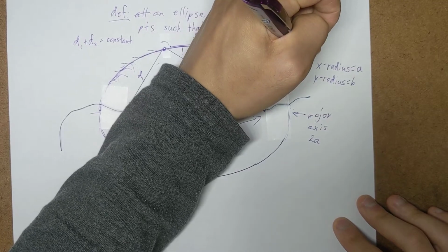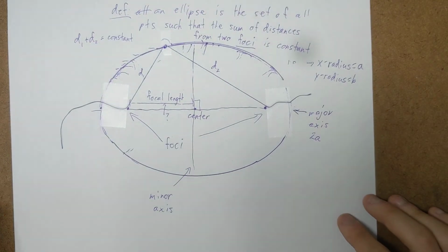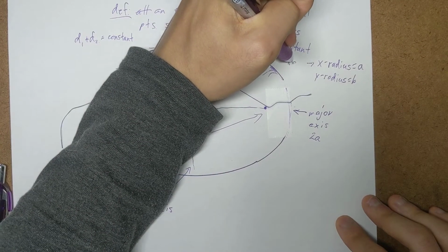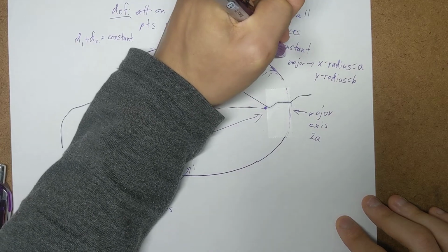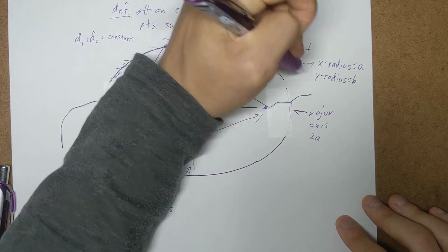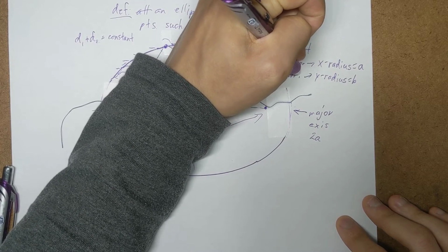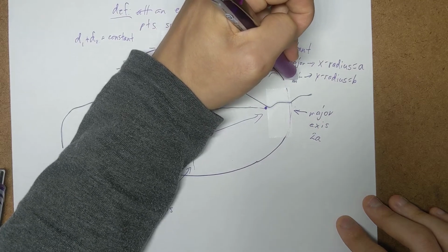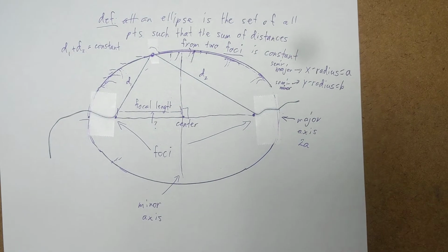So in this case the x radius is also the semi-major, and the y radius is the semi-minor axis.